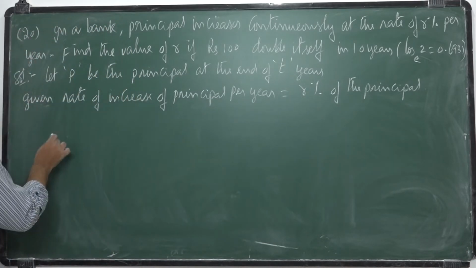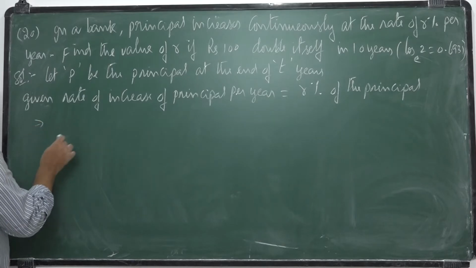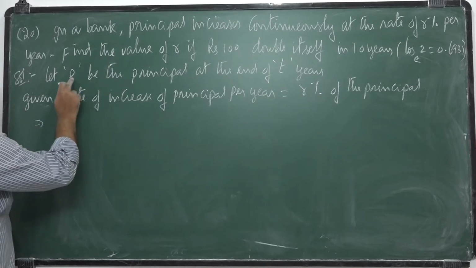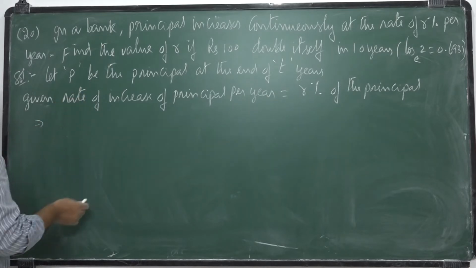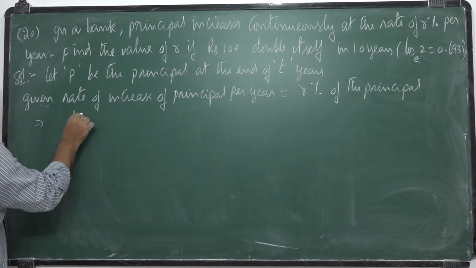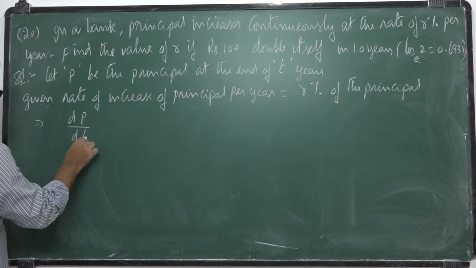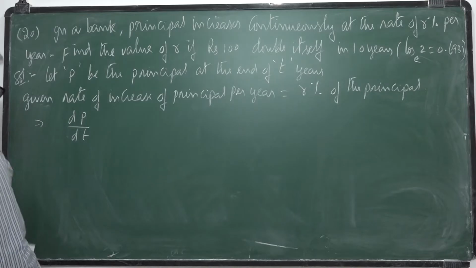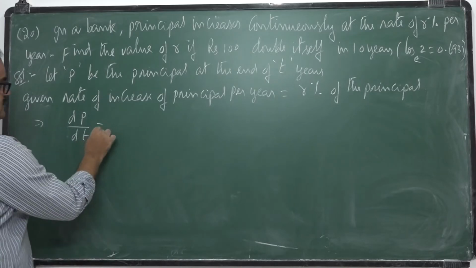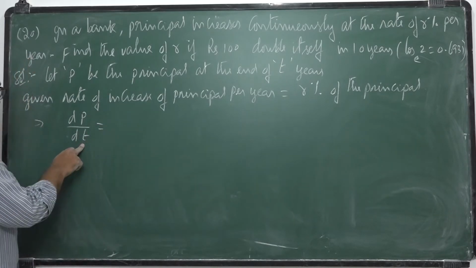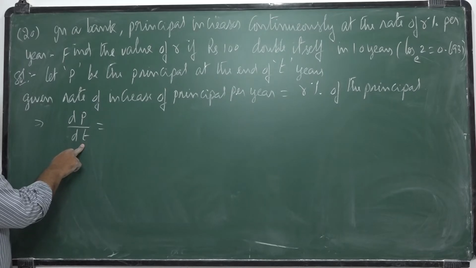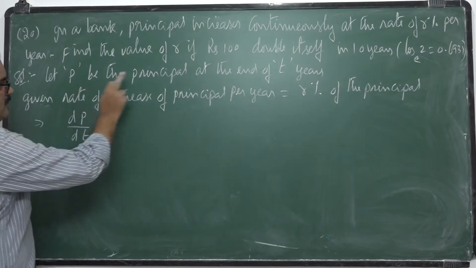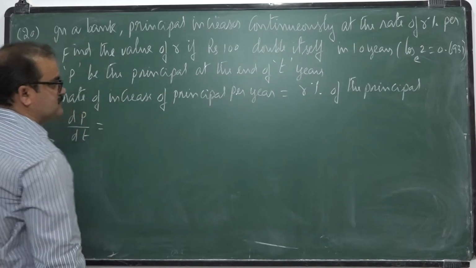Okay, rate of increase in principal value. Here P is the principal value. Rate of change in principal value is dP by dt, where T is at any time T. P is the principal value at the end of T years.